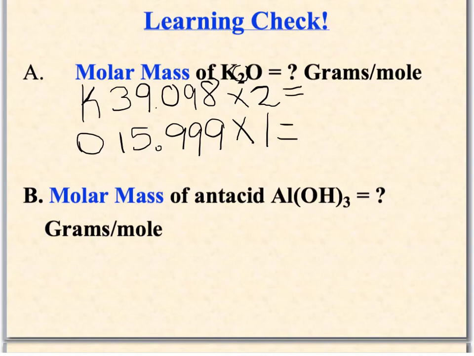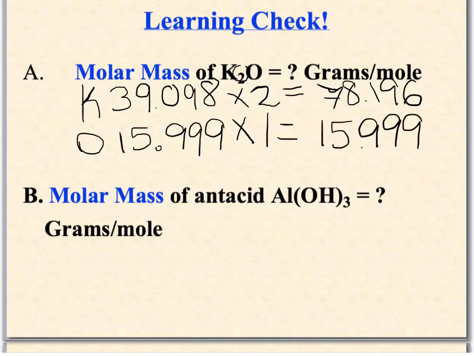Okay, whenever we put this in the calculator, this will be 78.196. And then this, of course, just times 1 will stay 15.999.